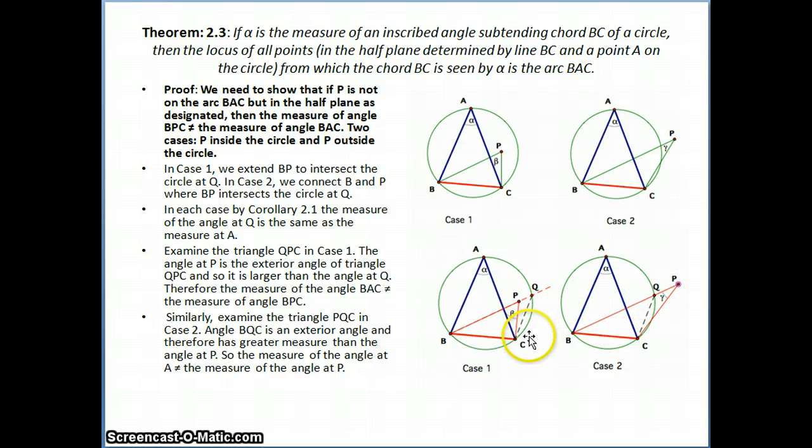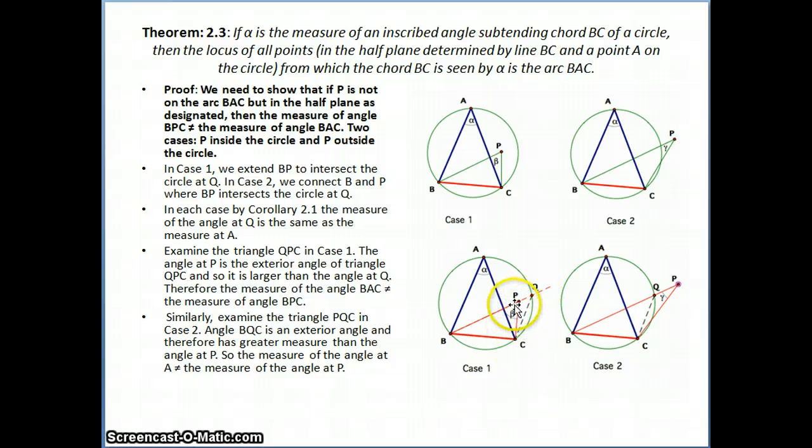Now look at the angle at P, BPC. It's an interior angle of triangle BPC, but be careful: we're not looking at the triangle BPC, we're focusing on this dotted triangle with two dotted sides, PQC.